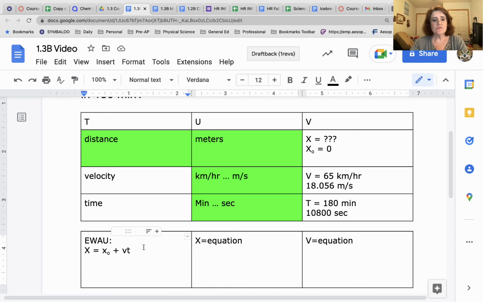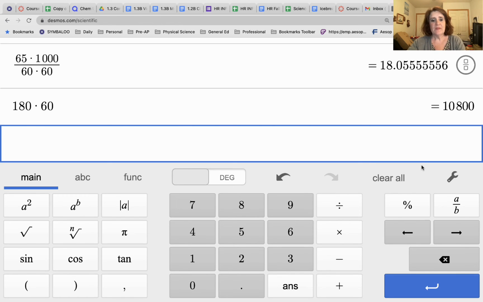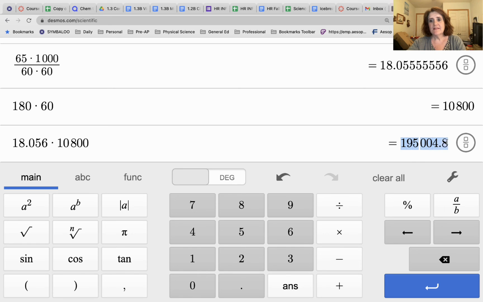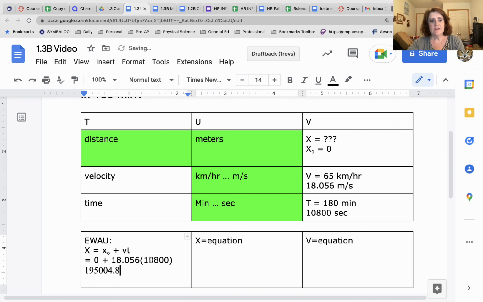So x is equal to x naught, which is 0, plus v, which is 18.056, times t, which is 10,800. All right, so back to Desmos we go. 18.056 times 10,800 is, and we can literally copy and paste that beautiful answer here. And that would be in meters.